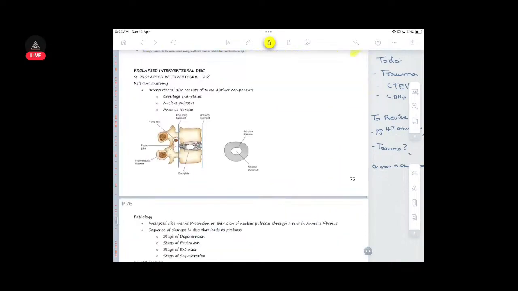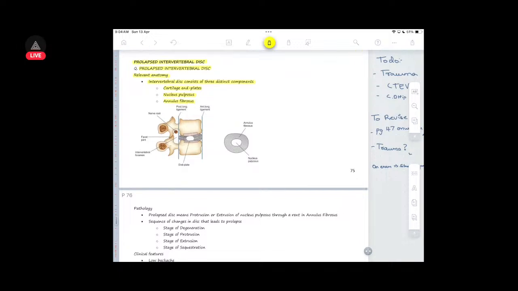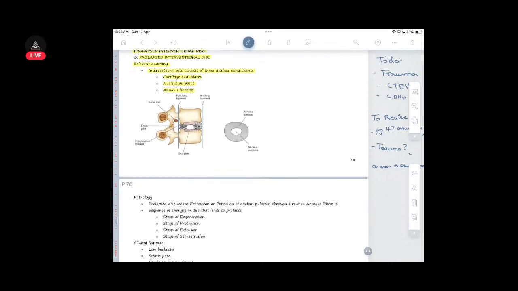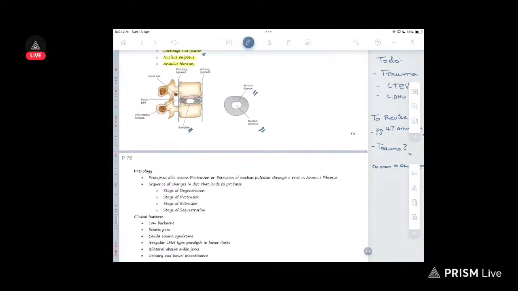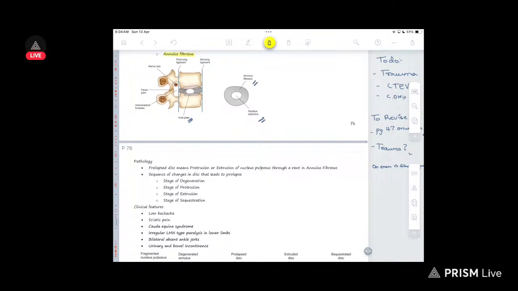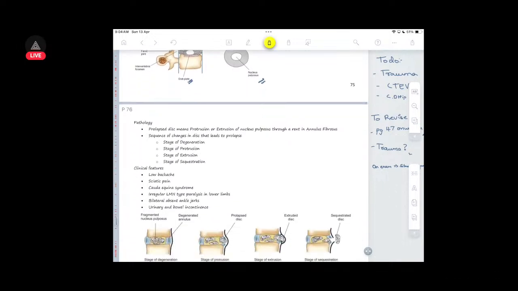Okay, so moving on, you have prolapsed intervertebral disc. Related anatomy consists of three components: cartilaginous end plates, nucleus pulposus, and annulus fibrosis.